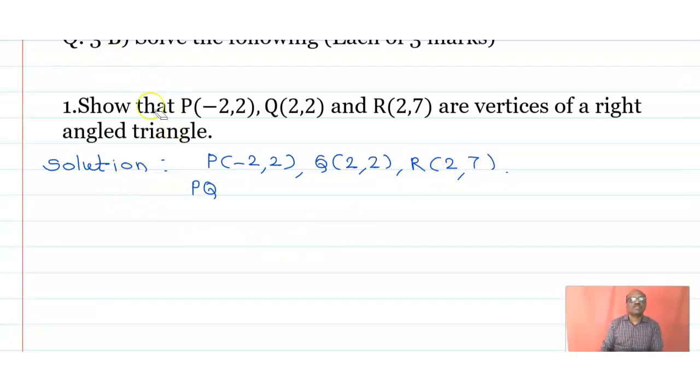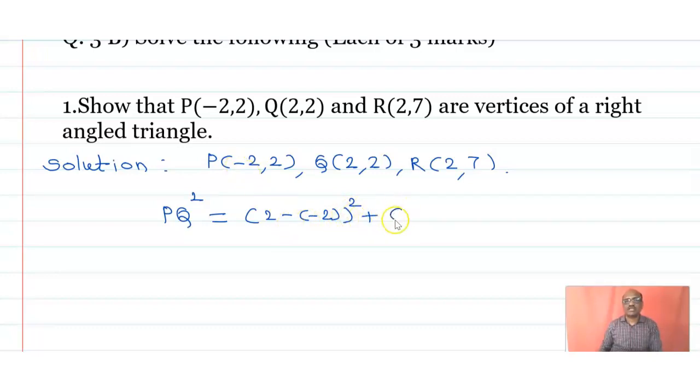Now to find the distance, we directly find PQ square, which is equal to 2 minus (minus 2) whole square, that is the difference of x coordinates squared.